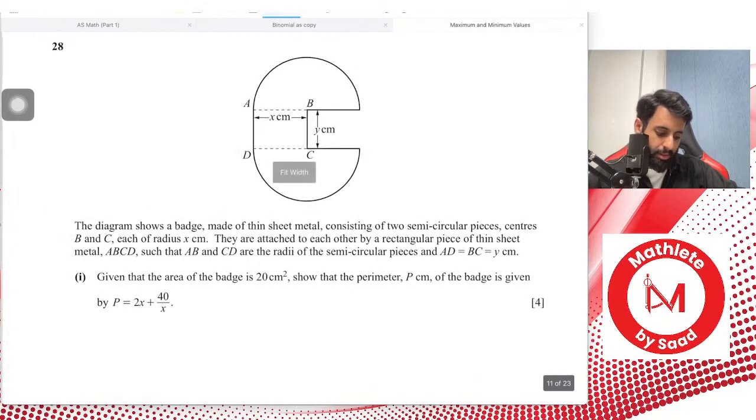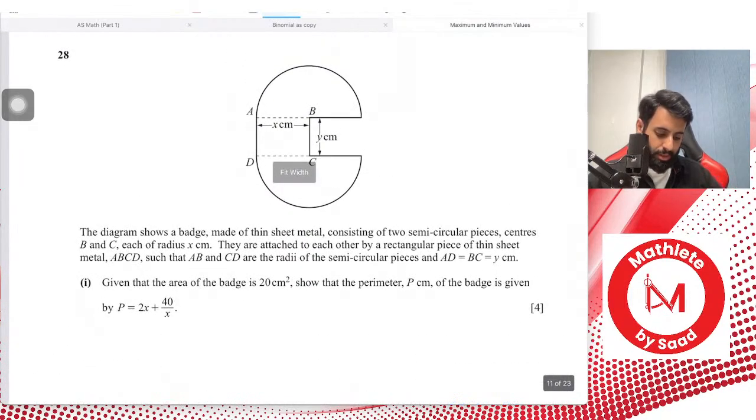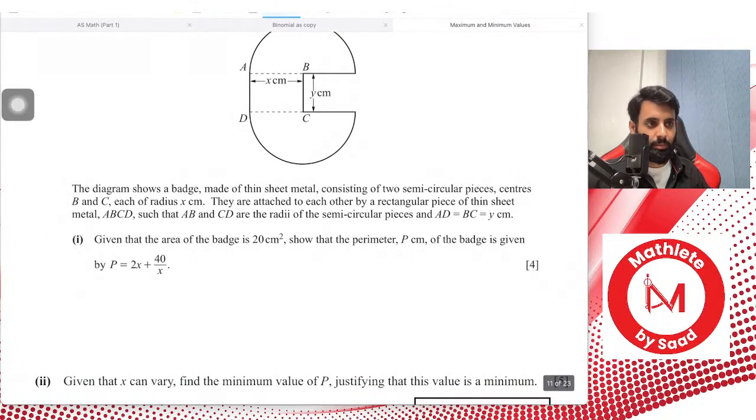They are attached to each other by a rectangular piece of thin sheet metal ABCD such that AB and CD are the radii of the semicircular pieces. AD equals BC, which is equal to y. Given that the area of the badge is 20 centimeters squared, show that the perimeter P of the badge is given by P is equal to 2x plus 40 upon x.